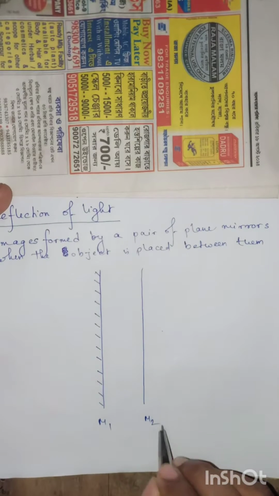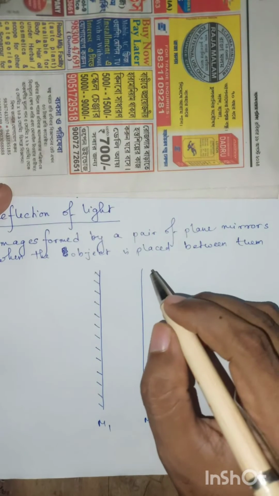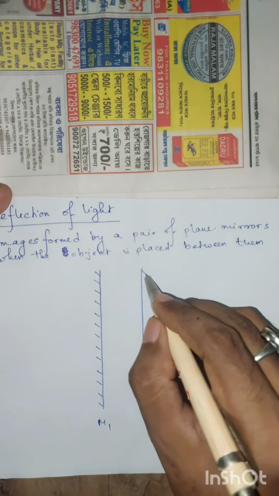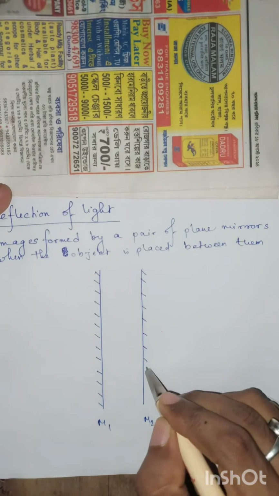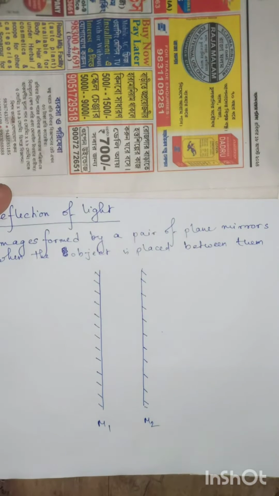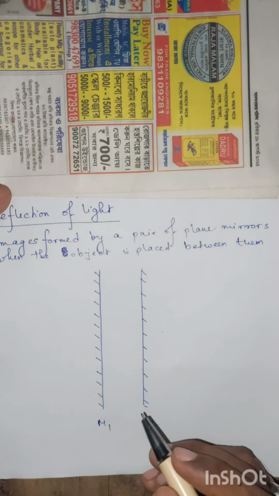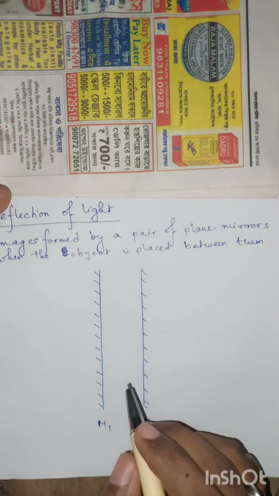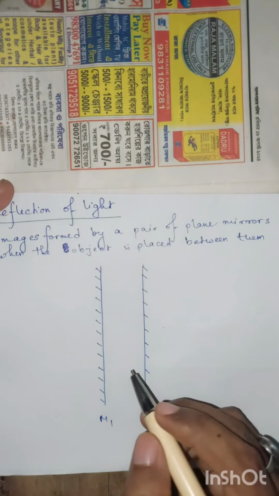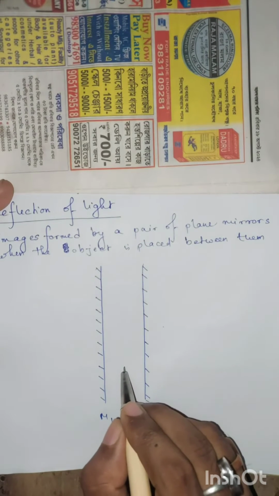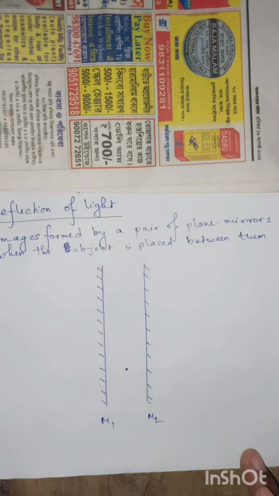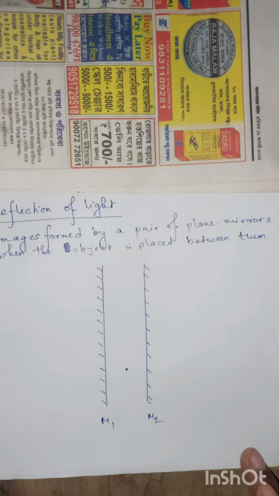This is our mirror 2. This is the reflecting surface of mirror 2. Now let us put an object between these two mirrors. This is our object.